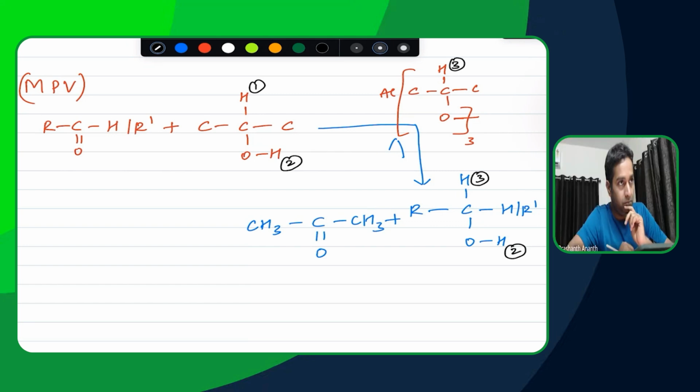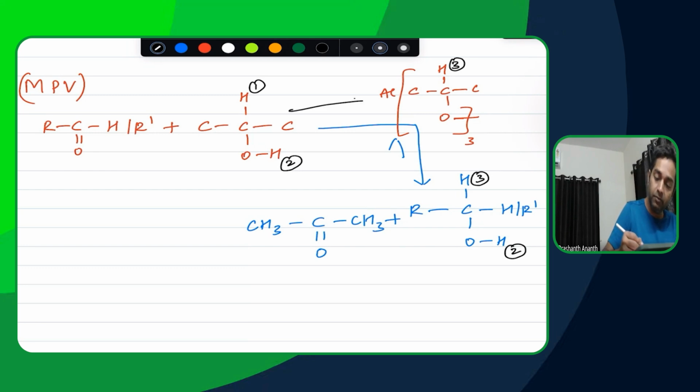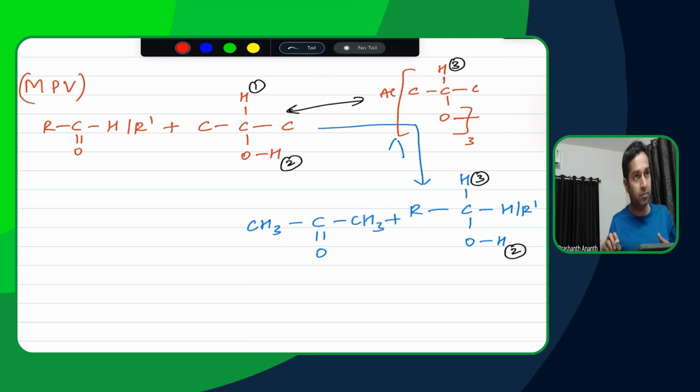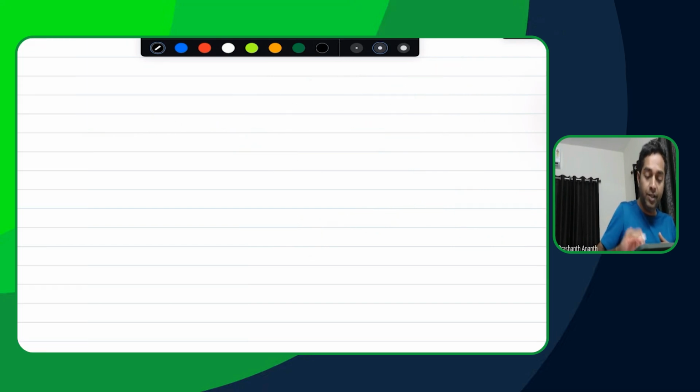What happens in the interim within the reaction mechanism is that these two will react as and when this particular part gets consumed. When more and more of this gets consumed, this will provide to become this. So technically, 3 and 1 become interchangeable eventually.